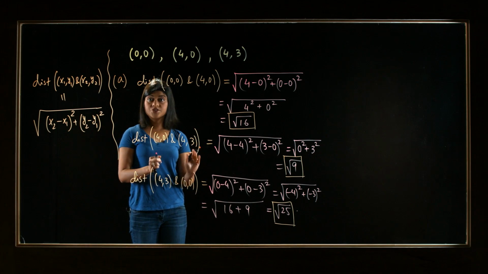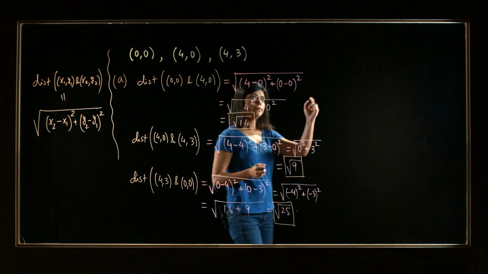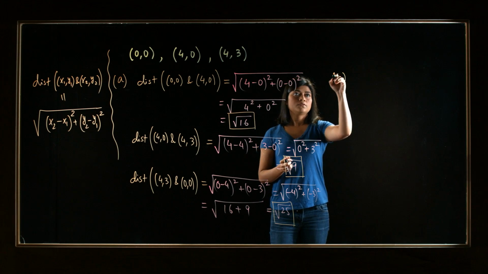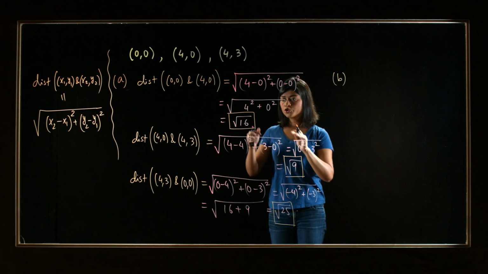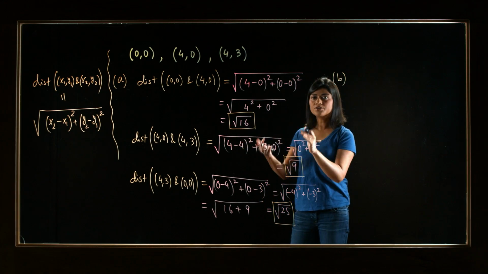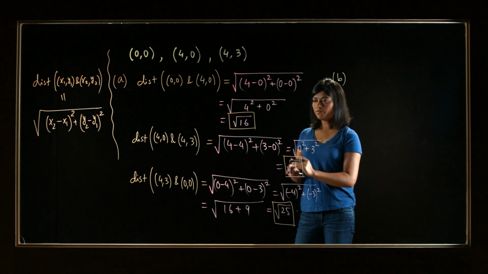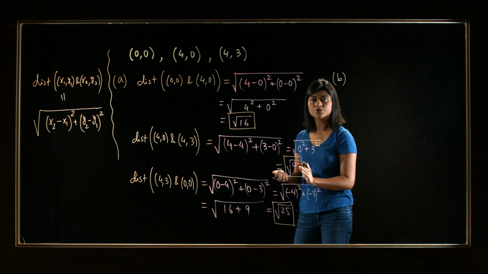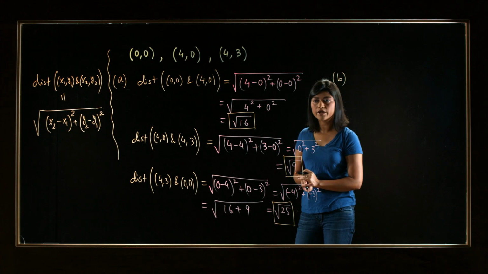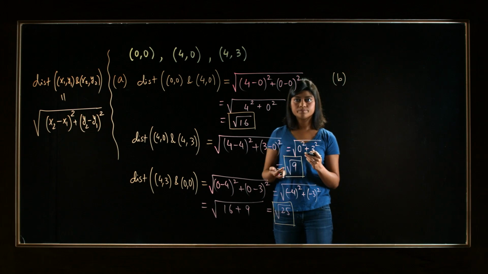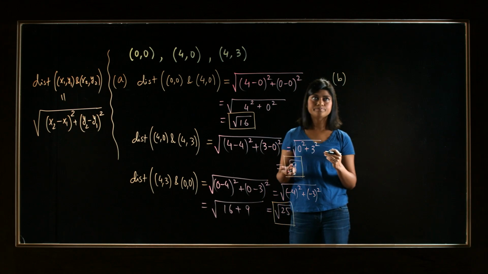Now, to finish the problem, in part B we have to show that the Pythagorean theorem holds using all these lengths for this particular triangle, that it is a right triangle. Remember Pythagorean theorem. What does it say?